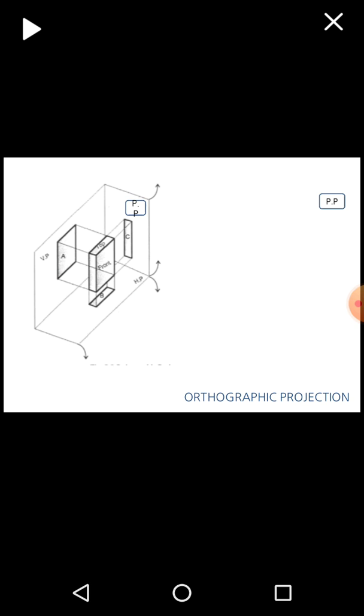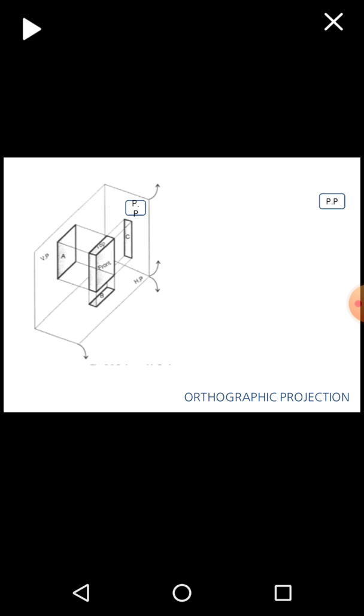Okay, next the observer position will be changed. Now the observer will look from the top side or top direction and will take its projection on the horizontal plane and will get the projection as b on the horizontal plane, right? Now next we will take the projection on the profile plane.